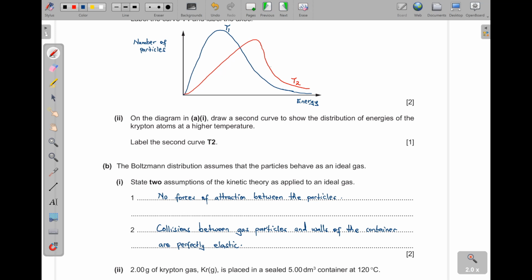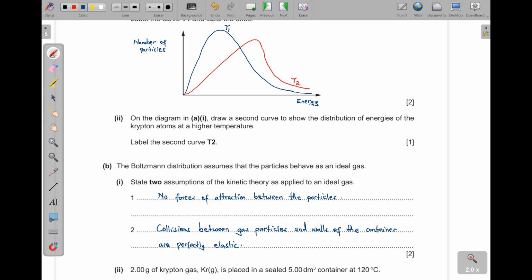Another one can be particles have negligible volume compared to the volume of the container. So when you place a gas in a container, it is going to occupy all of that space in there. So that is what you can also talk about, that particles have rigid spheres and many others.